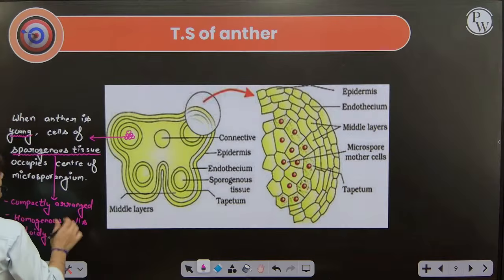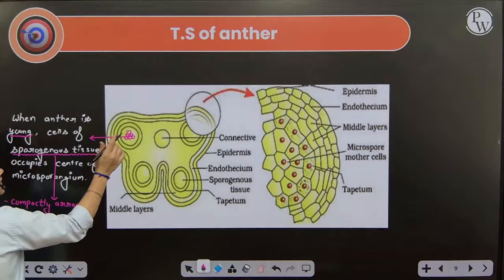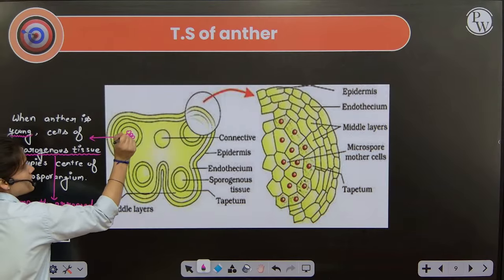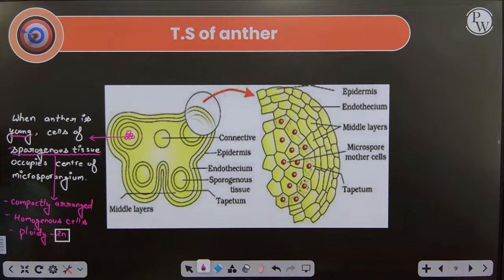When anther is young, cells of some tissue occupy the center of this microsporangia, and these cells are known as sporogenous tissue cells. These sporogenous tissue cells occupy center of the microsporangia. They are compactly arranged cells. They are same kind of cells. That's why they are known as homogeneous cells.